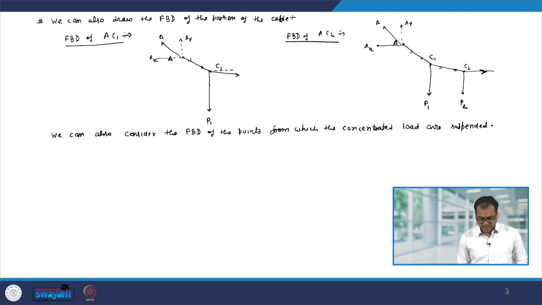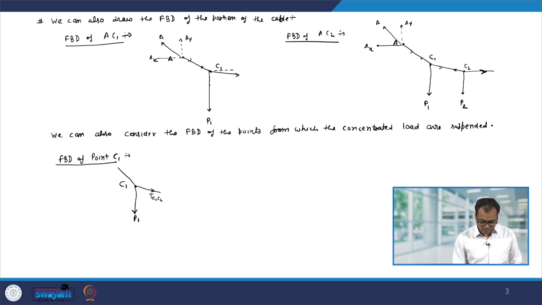Okay. So, let us look at the free body diagram of, let us say, point C1. Okay. So, at point C1 you have external force P1, you will have a tension along C2. So, let me call it T from C1 to C2.